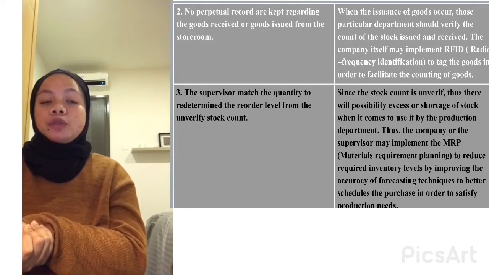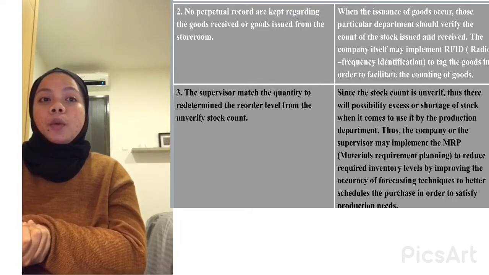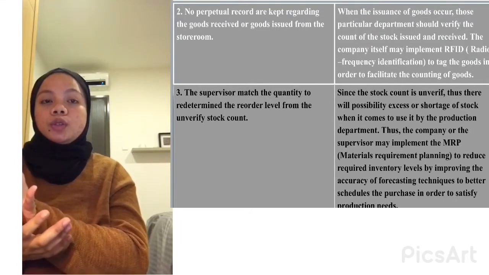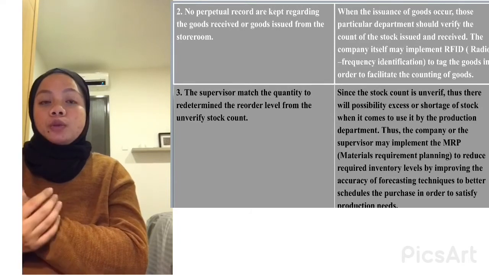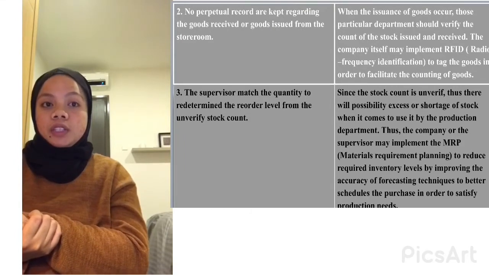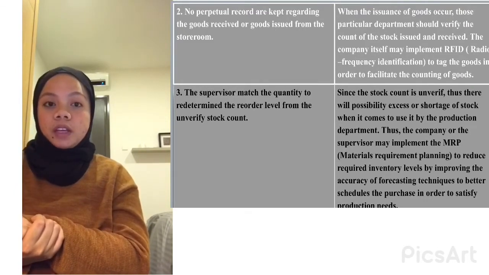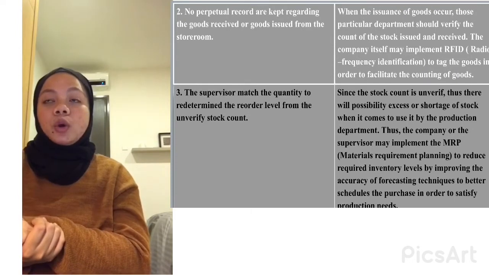So from this weakness, we can improve: when there is an issuance of goods, those particular departments should verify the count of the stock issued and received. The company itself may implement RFID, which stands for Radio Frequency Identification, to tag the goods in order to facilitate the counting and the movement of the goods.